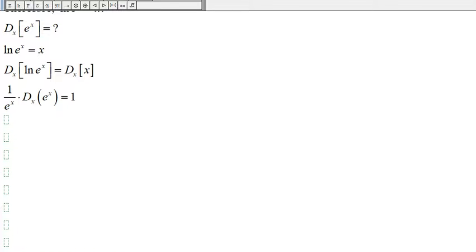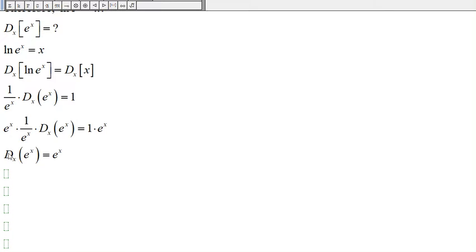And then now multiply both sides by e to the x. And we end up with the derivative of e to the x is equal to e to the x.